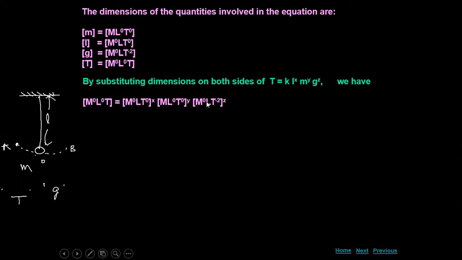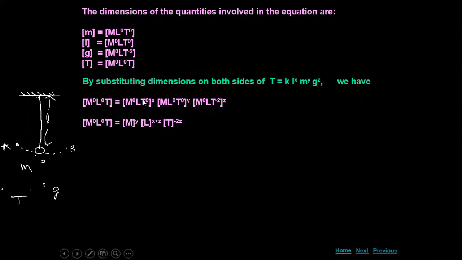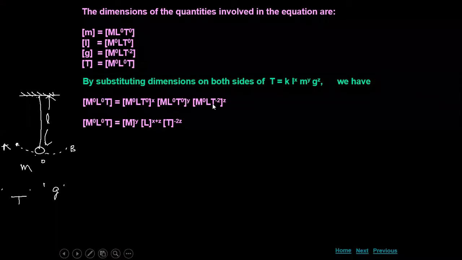Now powers also I will split individually. M power 0, L power 0, T is equal to M power y. Here 0 is there, here also 0, so these two we don't need to consider. M power y we will write here, and L power x and L power z will be there. Same bases' powers can be added: L power x plus z. And T power: here T power 0 we don't need to consider, here T power -2z we will get.